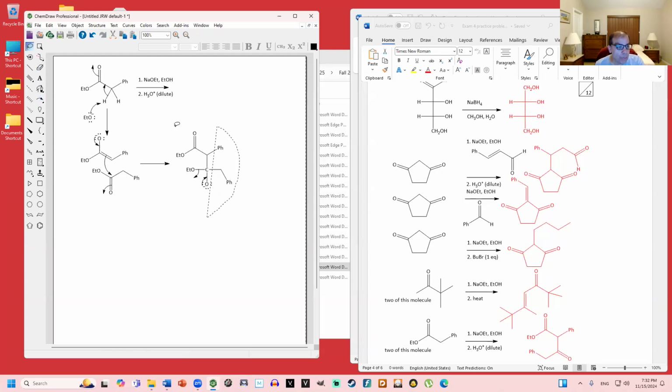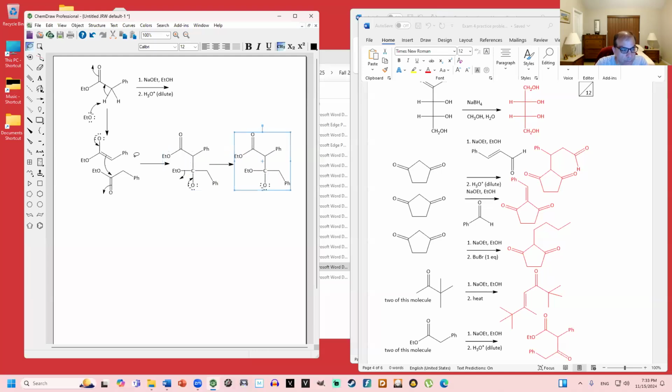But in alkaline medium, we're on solid ground. And so what we wind up getting is this beta keto ester.